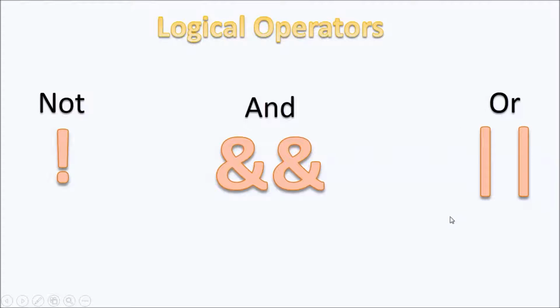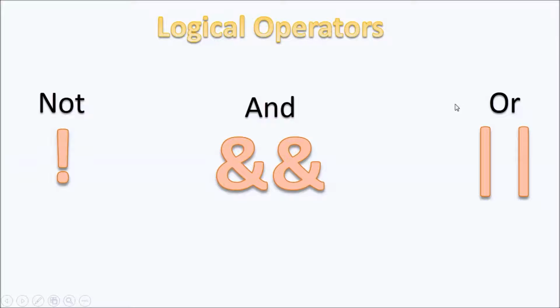Next, moving to the or operator, it checks whether either one of the criteria is true or not. So if one of the numbers is greater than 0, then it tells the if statement that it is true, and the if statement uses that block. It doesn't check that both are true, it checks whether one of them is true. If at least one of them is true, it will work.